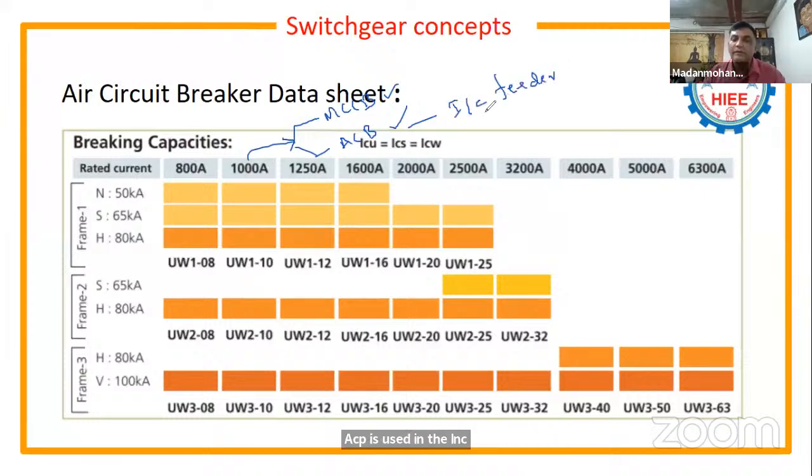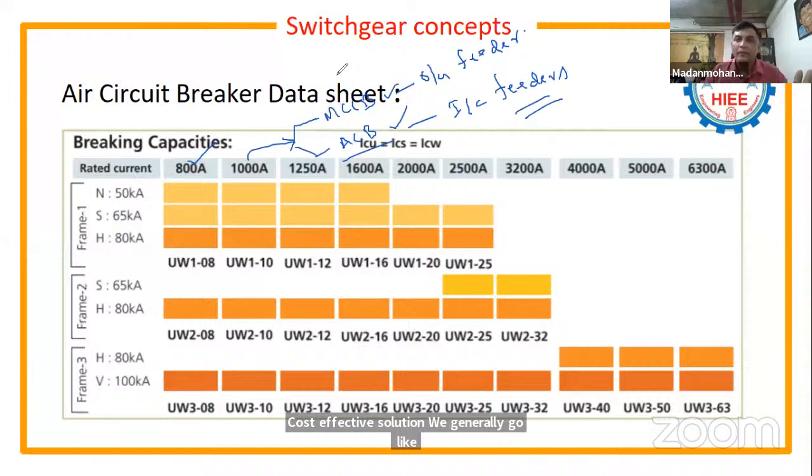If your application is an incoming feeder, we generally go from 800 amps and above with ACB. And for outgoing feeders, we prefer the MCCB. To design a cost-effective solution, we generally go like this. There is a reason for that. Why do we go with ACB only for incoming feeders? Because there is a concept called interlocking.